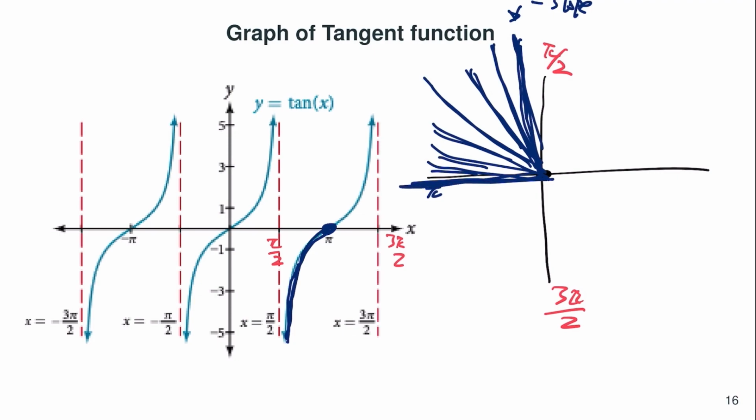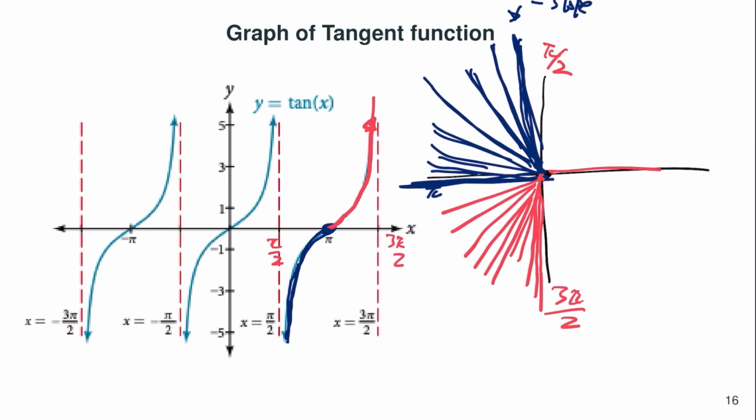Now after pi over 2, slope now is positive. This is positive slope, right? That's why the graph is now above the x-axis, and slope gets bigger and bigger and bigger. Sorry. Start from here. Now look at, as the angle gets closer and closer to 3 pi over 2, slope gets infinitely large.